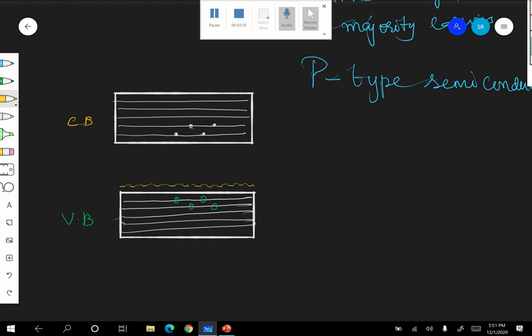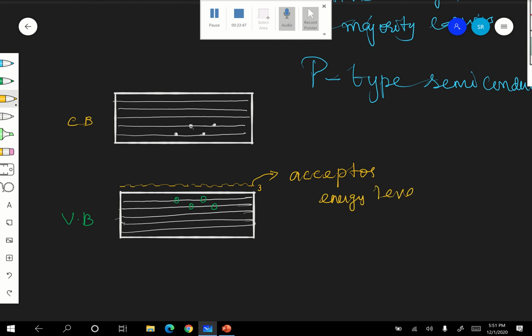Now what is the energy difference gap between the uppermost energy level of the valence band and this energy level? This is called the acceptor energy level. That is the donor energy level in N type; here the acceptor energy level is in P type.